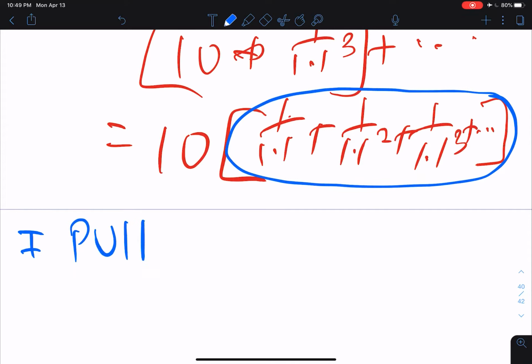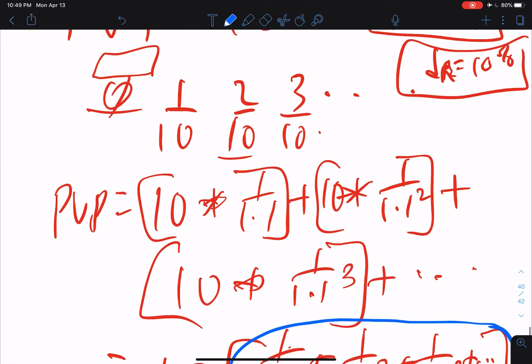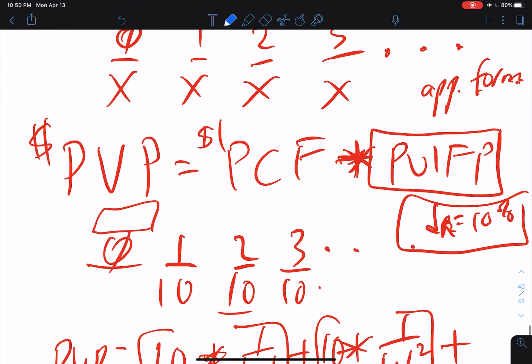The present value interest factor for a perpetuity is equal to 1 over 1 plus r plus 1 over 1 plus r squared plus 1 over 1 plus r cubed plus... Never ends. That's the definitional equation for the present value interest factor for a perpetuity. Remember, what we're doing is we're solving for this thing right here.